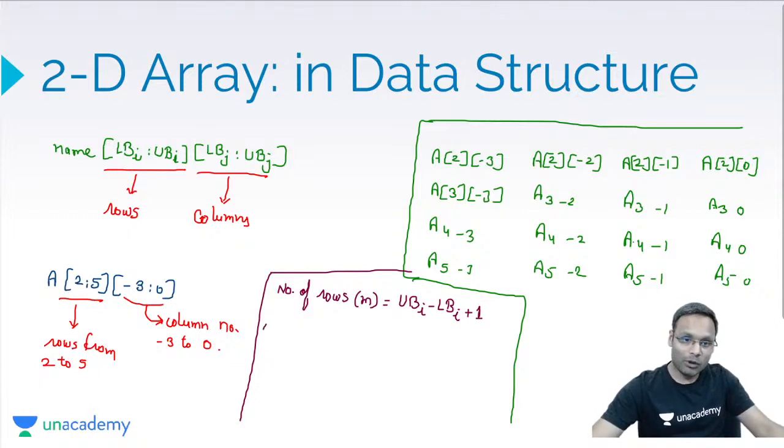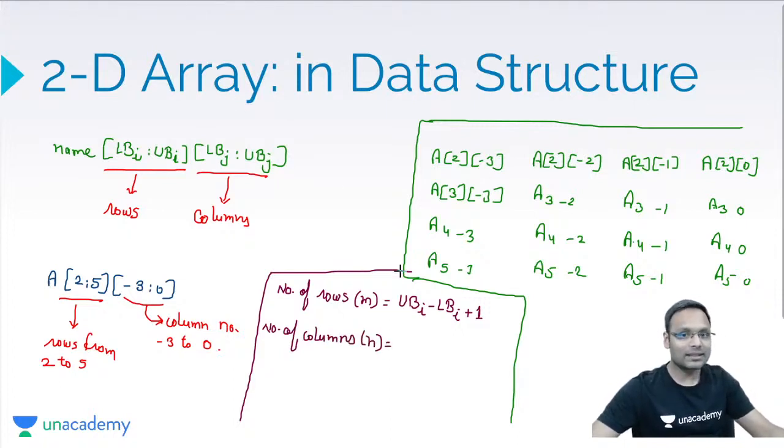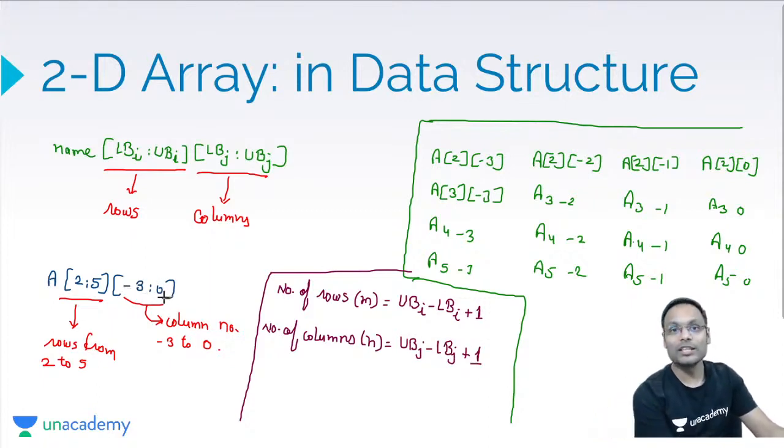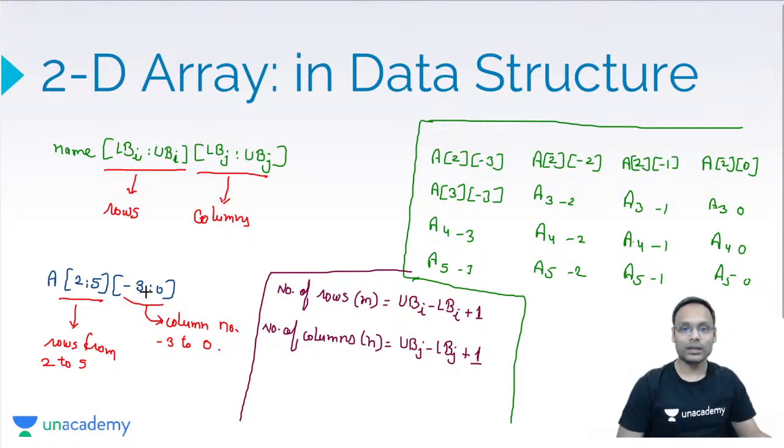Then how will you calculate the number of columns? Upper bound of j minus lower bound of j plus 1: 0 minus minus 3 plus 1, 0 plus 3 plus 1, 4.